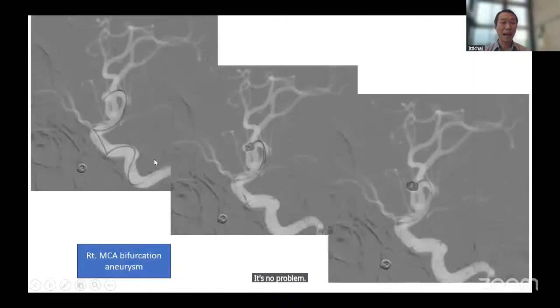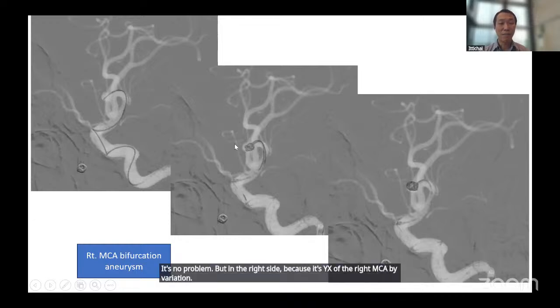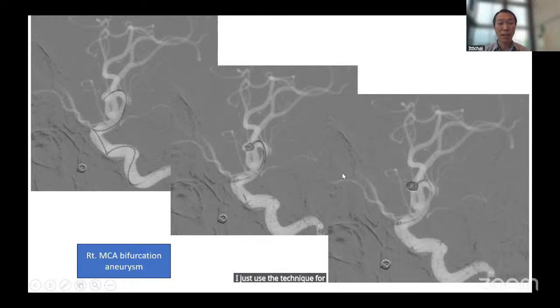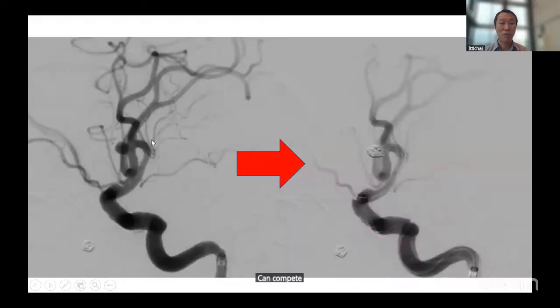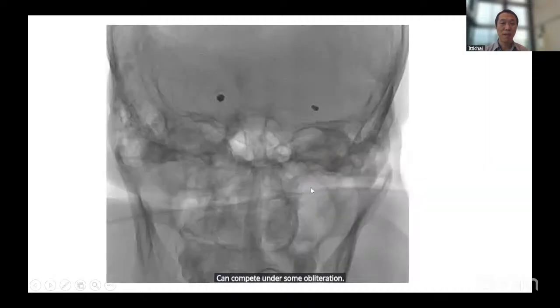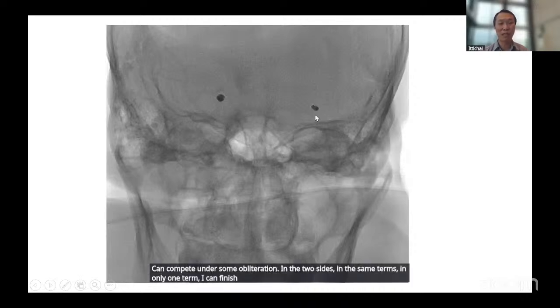But on the right side, because it has a wide neck at the right MCA bifurcation, I used the double microcatheter technique. It completed aneurysm obliteration on both sides at the same time. In only one session, I could finish both procedures.